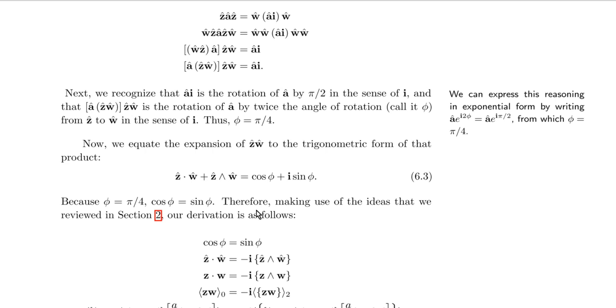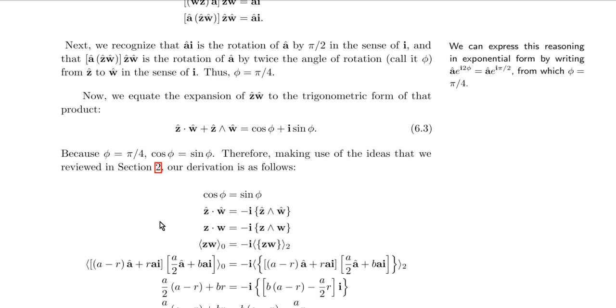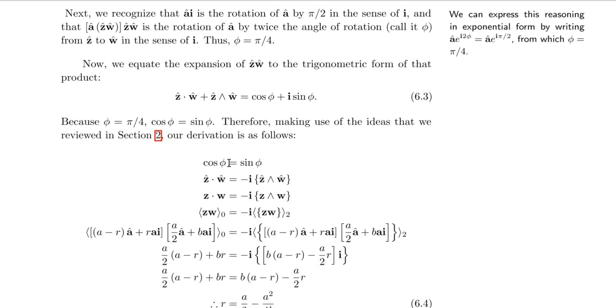So if we use another idea that was presented earlier but which we didn't go into here, we can equate cosine phi to sine phi in terms of the inner and outer products of Ẑ and Ŵ. Now that looks gnarly, but all this is writing here.